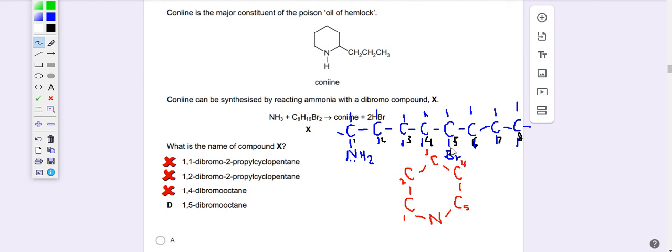Of course, carbon number 5 is also bonded to these 3 carbons: 6, 7, and 8. Then this nitrogen has 1 H left. Remove 1 H and Br.